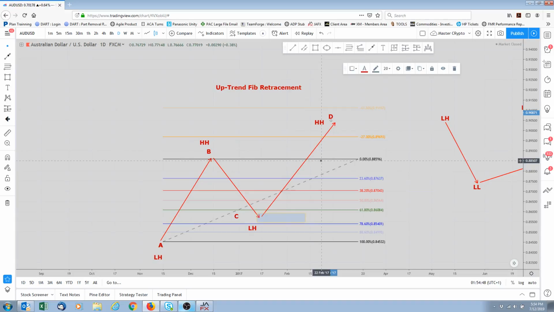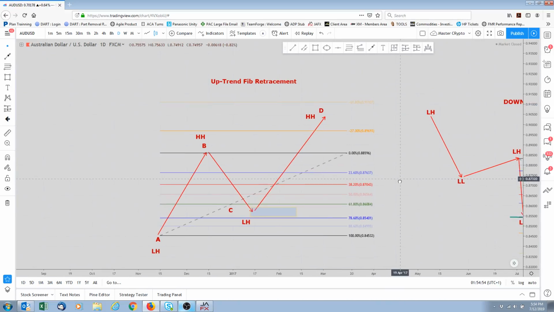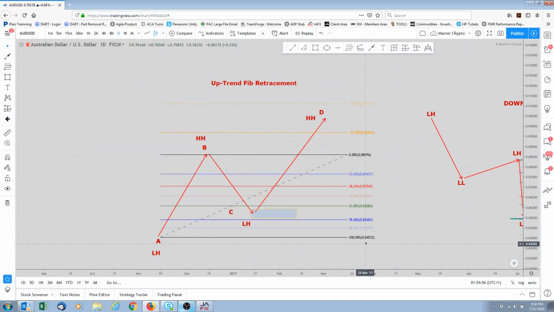When you're in profit, take profit at 0% or negative 27%. Otherwise, it might retrace on you and come back to where you put your buy trade, and you end up making no money. So when you're in profit, make sure you take profit.